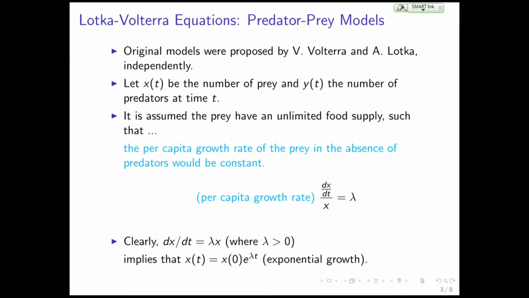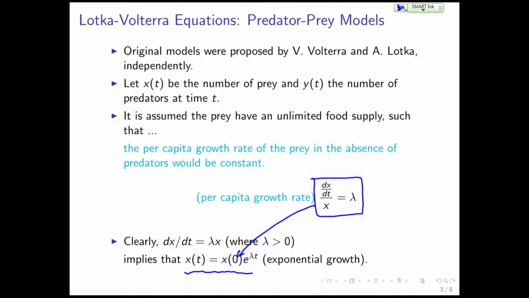It has an exact solution that looks like this, and this is saying that when we make these assumptions of constant per capita growth rate, mathematically this is equivalent to assuming exponential growth on the population of prey.